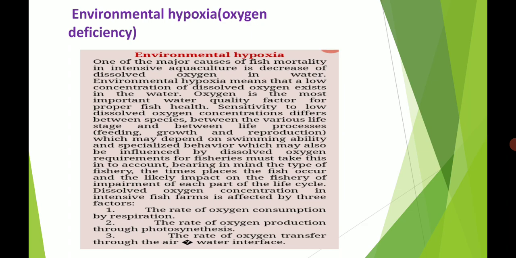In intensive aquaculture there is a decrease of dissolved oxygen in the water. In aquacultural systems, the amount of oxygen in the water decreases. Environmental hypoxia means that a low concentration of dissolved oxygen exists in the water.